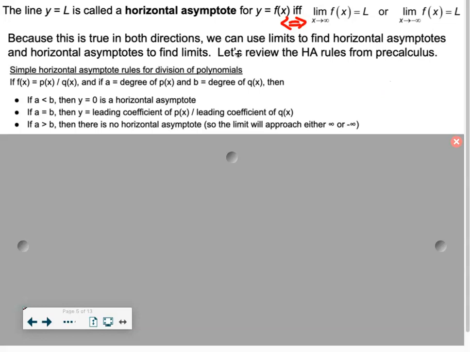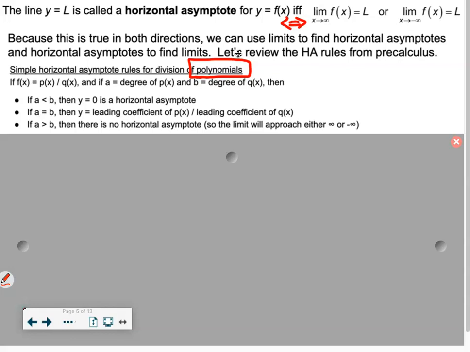Now, for our intents and purposes, we're only talking about rational functions right now where you have a polynomial over a polynomial. Now, I had students who actually didn't know what a polynomial was in first grade, so let's make sure we all know what a polynomial is.